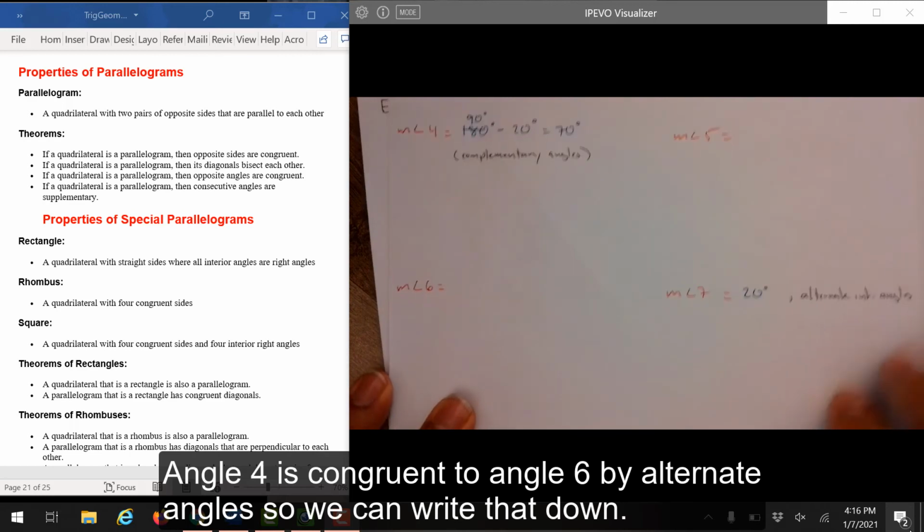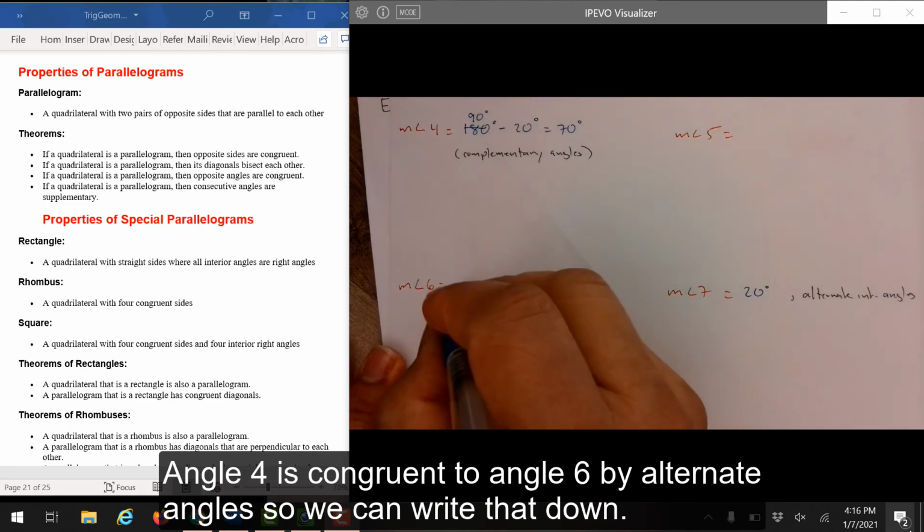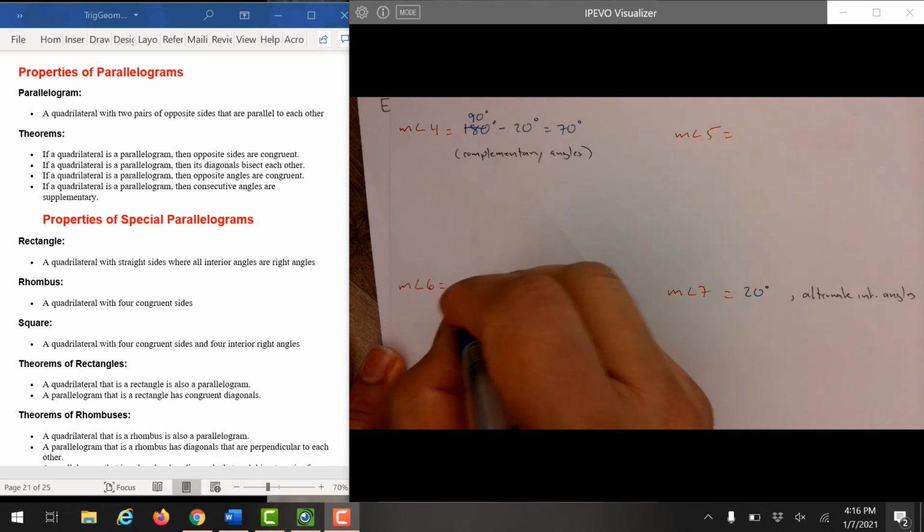Angle 4 is congruent to angle 6 by alternate angles, so we can write that down.